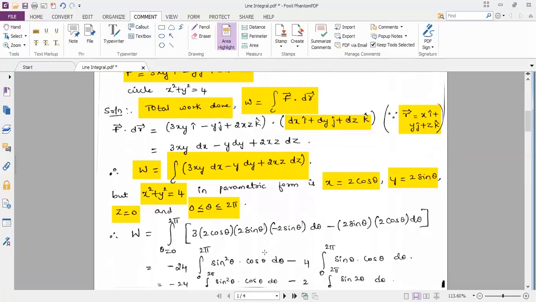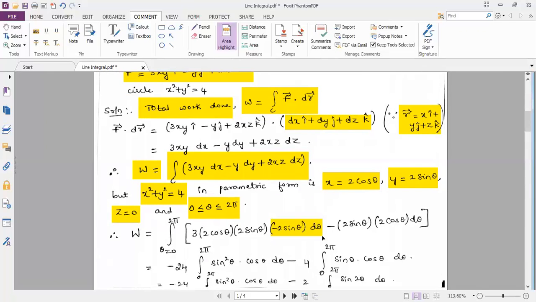Now the total work done W will be rewritten with theta varying from 0 to 2 pi under the integral, substituting 3 into x into y dx. x is 2 cos theta, y is 2 sin theta, and the differentiation of x, dx, is minus 2 sin theta d theta. The same is substituted here.